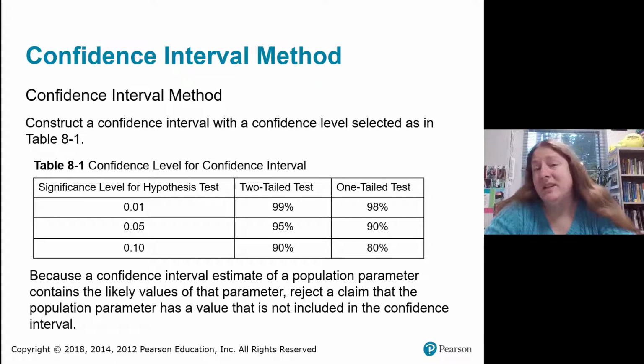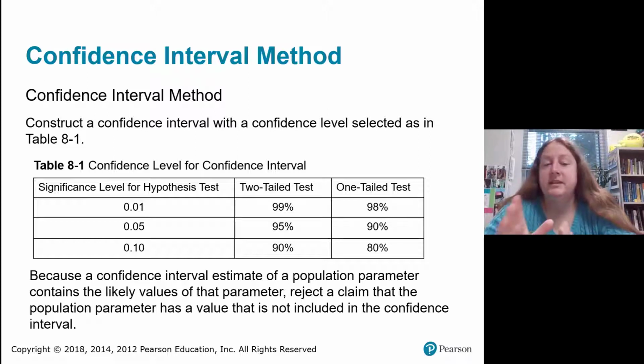And that is our significance level, all right? And similarly, with a 95% confidence level, then our significance level is 0.05. So those alpha values that we were dealing with, those are our significance levels, all right?